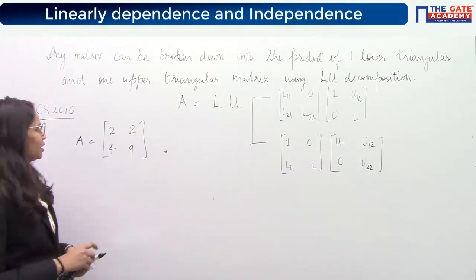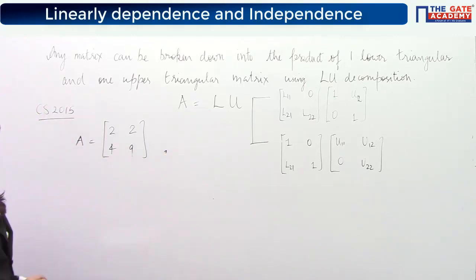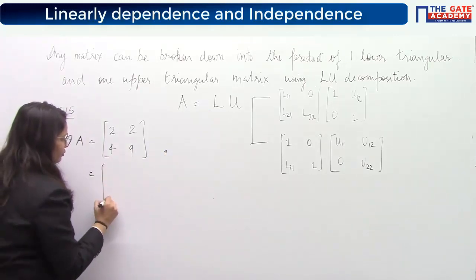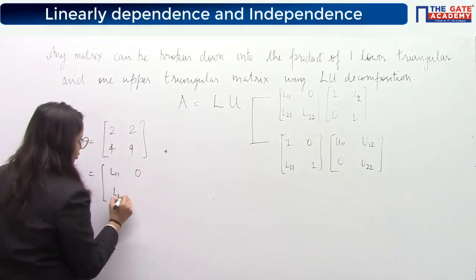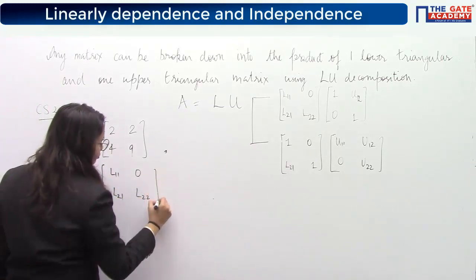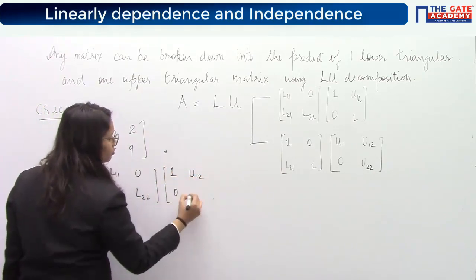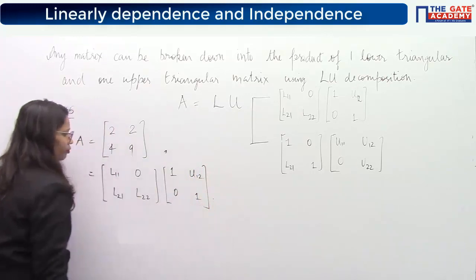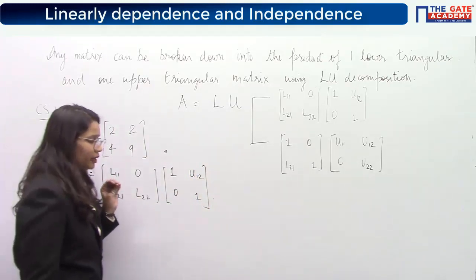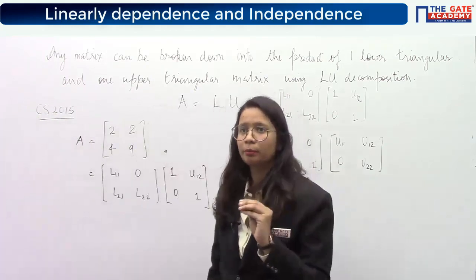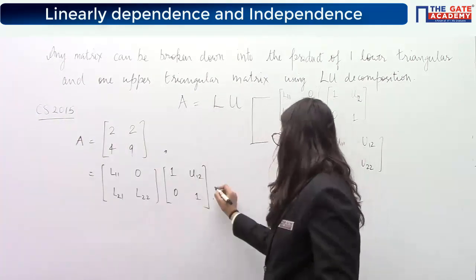Now let's say that I'm using the first way to decompose. Then I will write this as first way, L11 0, L21 L22 multiplied with the upper triangular matrix. Now it is very basic matrix algebra that you need to apply. First of all, just multiply these two matrices. What will you get?